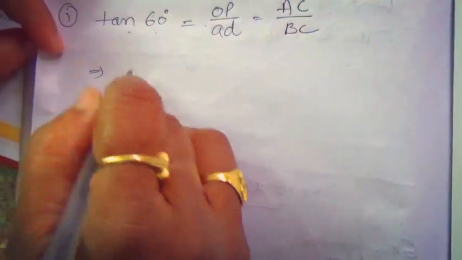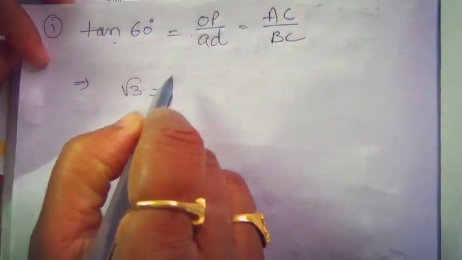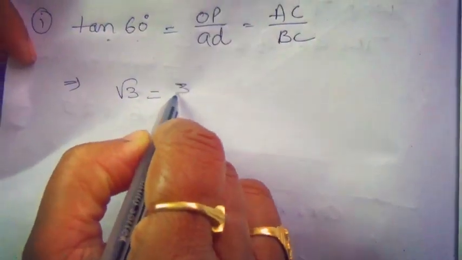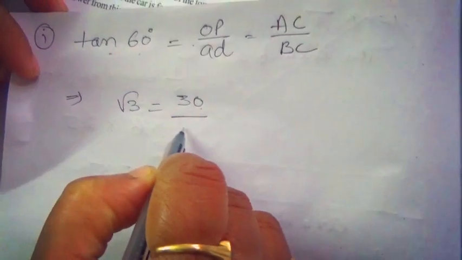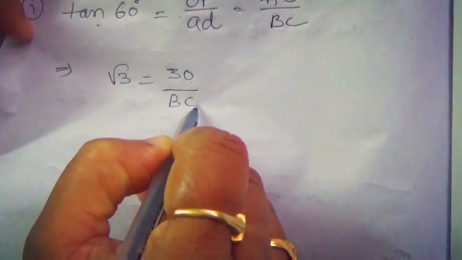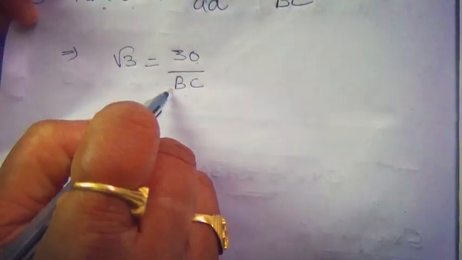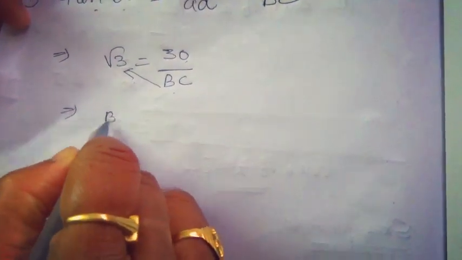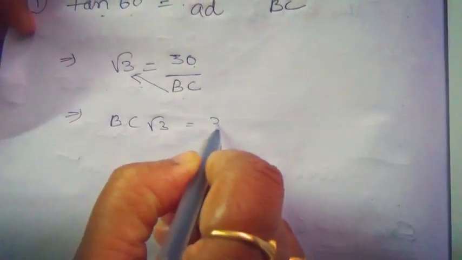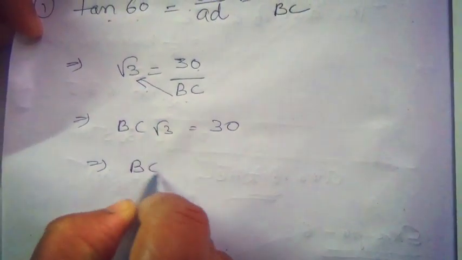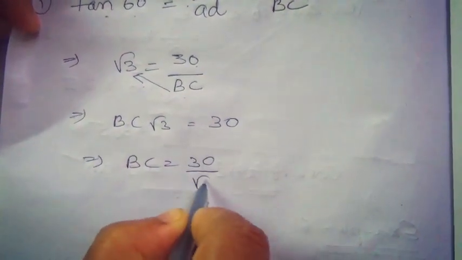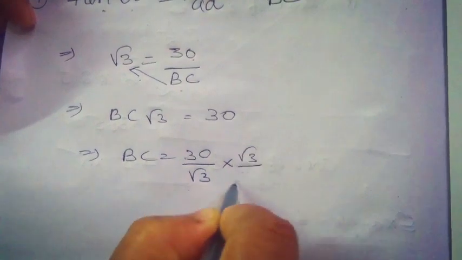That implies tan 60 degrees value is root 3. AC value is 30, by BC value we don't know, right? So we bring this BC to the other side. BC root 3 is equal to 30. That implies BC is equal to 30 by root 3. Rationalization I am doing here.